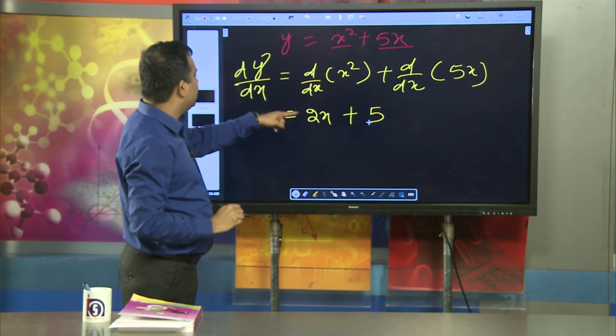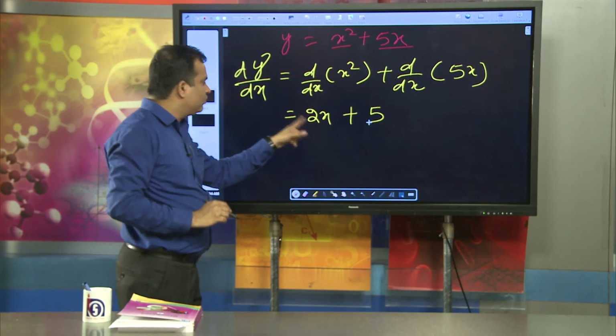That means the derivative of the sum of two functions is equal to the sum of their derivatives.